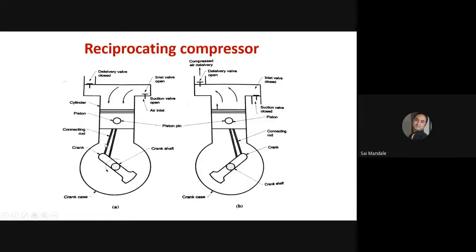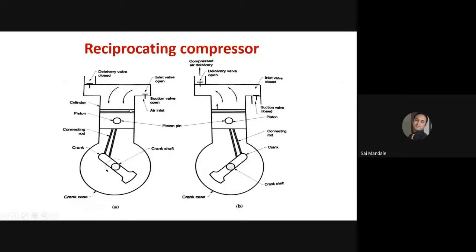I am repeating. We have one more unit, the IC engine, somewhere in the 4th or 5th unit, in which we require these components. So what are the basic components? Number one is the cylinder. In the cylinder we have a piston.